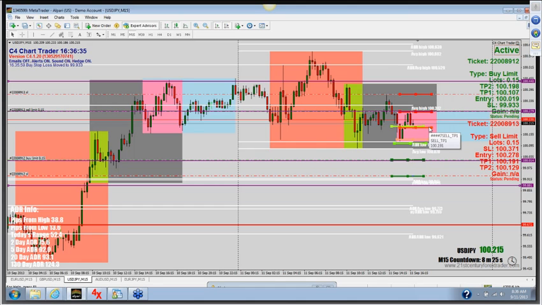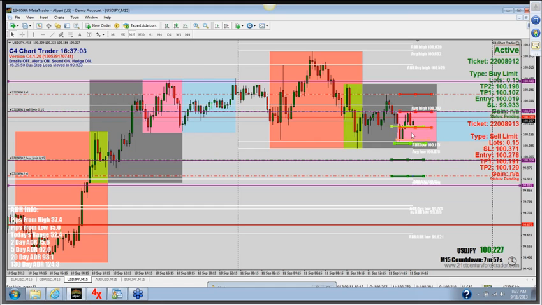Even if it doesn't, once we hit take profit one, our stop loss moves us to break even plus one anyway, and we've got a risk-free trade. We know what our maximum risk is to begin with because we've set that here with our stop loss. So we've got some low risk trades at key levels, and all we have to do at this point is let price do its thing and move around, and then see where it goes from there.